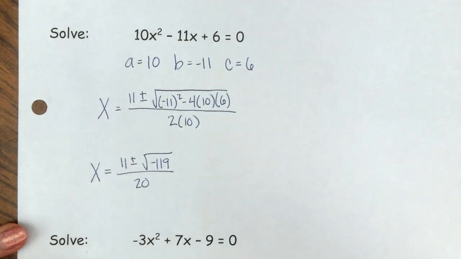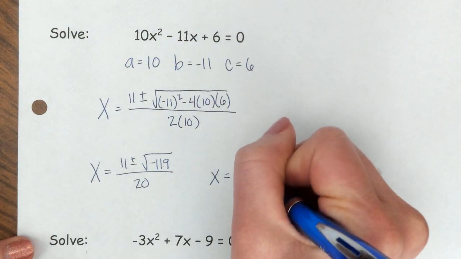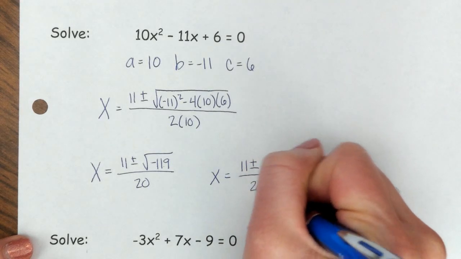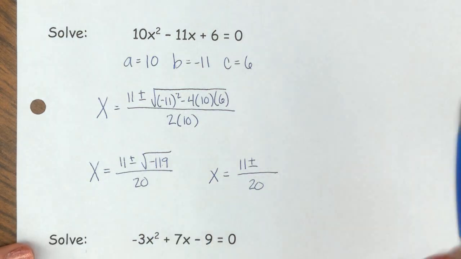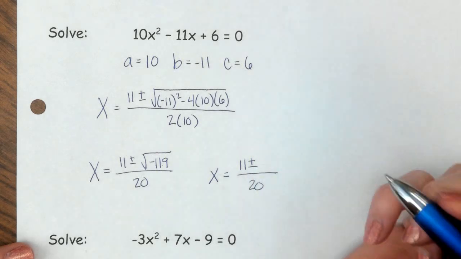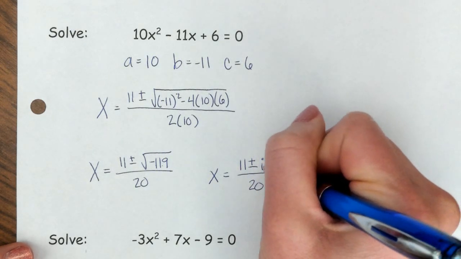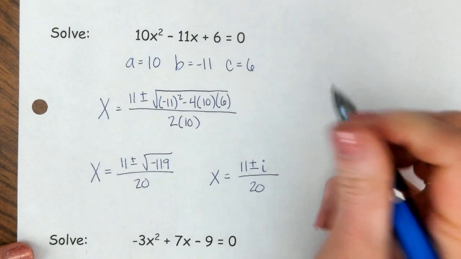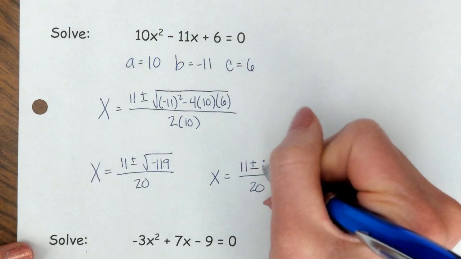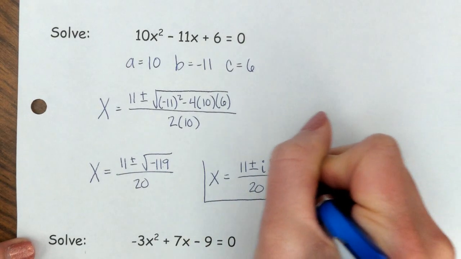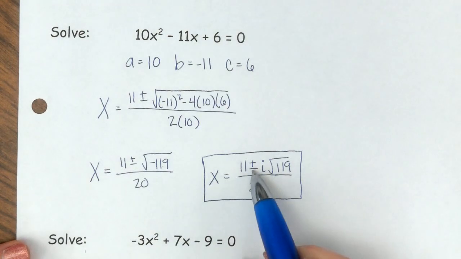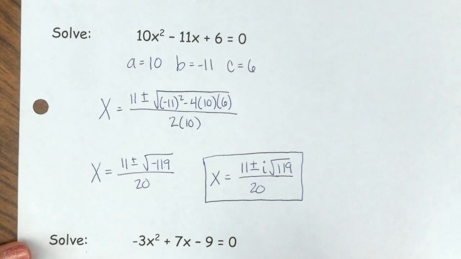So when you get that, square root of 119 is an icky number, so you can just leave it as square root of 119. We like nice numbers. So you're going to pull out an i, that's your square root of negative 1, right? So this is your two answers. There's a plus and there is a minus for your problem.